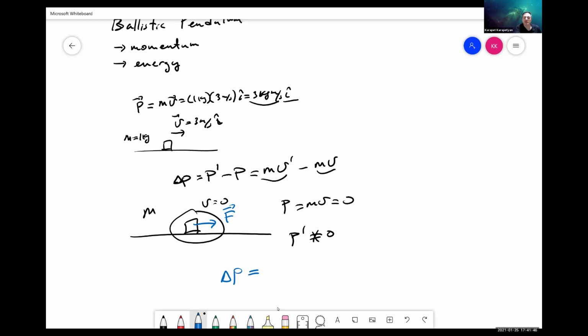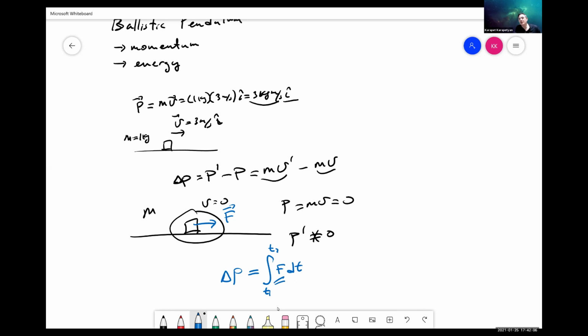So that's why the change in momentum is equal to the integral of F dt from T1 to T2. This is generally the equation for the change in momentum. There has to be a force acting on it during some very short period of time.